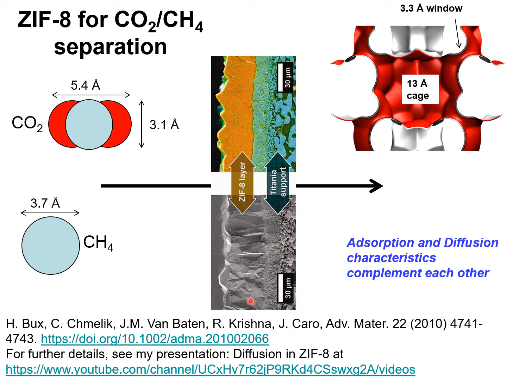Typically, the membrane would be constructed of thin layers of about 50 microns on a support, which is macroporous, in this case, say a titanium support. And ZIF-8 is a good choice for separation of mixtures of, say, carbon dioxide and methane, carbon dioxide and hydrogen, methane and hydrogen.